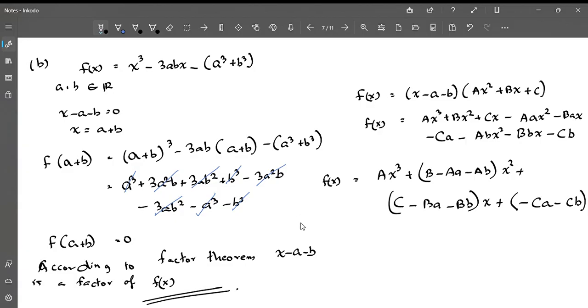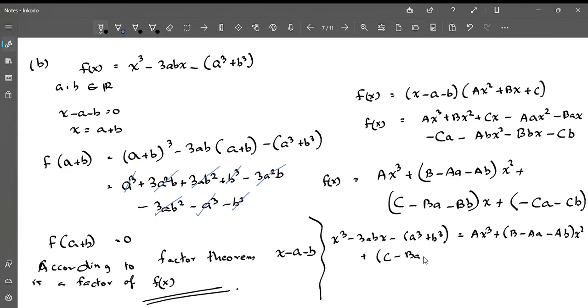Now what is equal to f(x)? f(x) means x cubed minus 3abx minus a cubed plus b cubed. This is equal to the expression above.